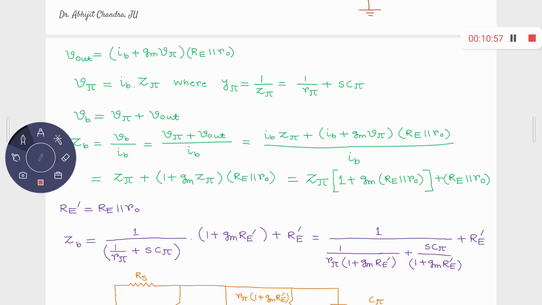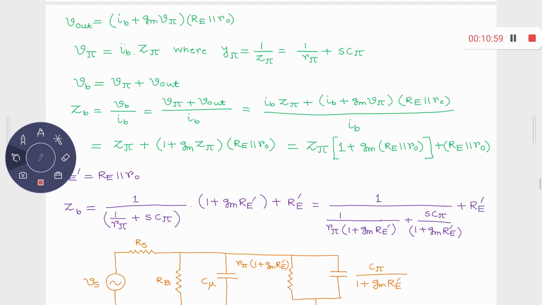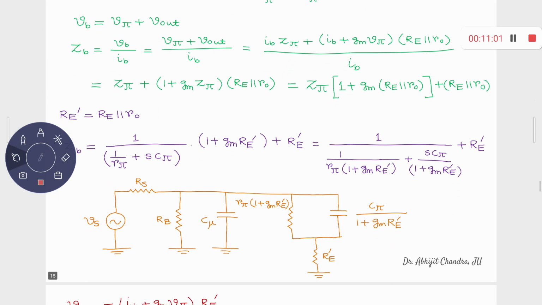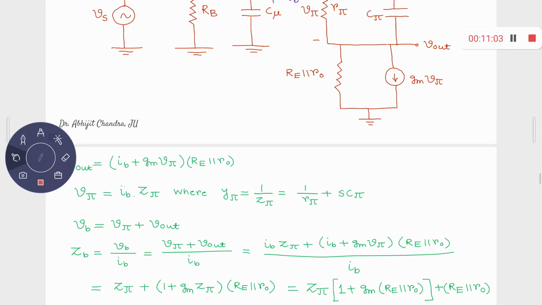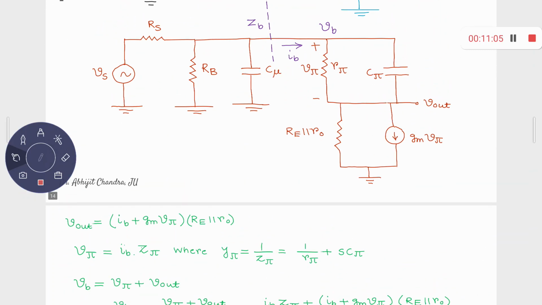Now I can modify this expression, or rather the small signal model, in this way. Remember, you have this R pi and this C pi in parallel, then Re prime and gm. These two are in parallel. You have one parallel combination there, R pi and C pi, and then another parallel combination over there, and these two are in series.